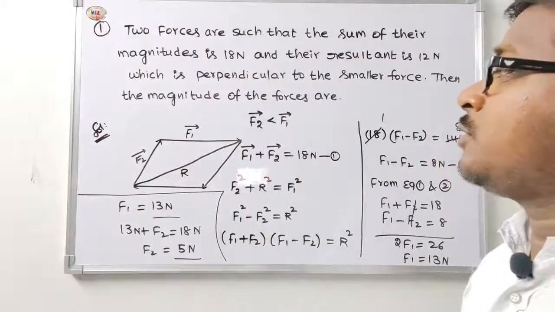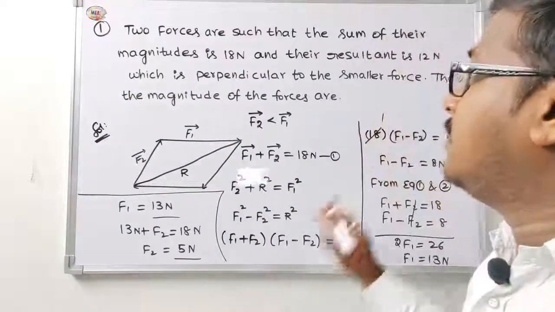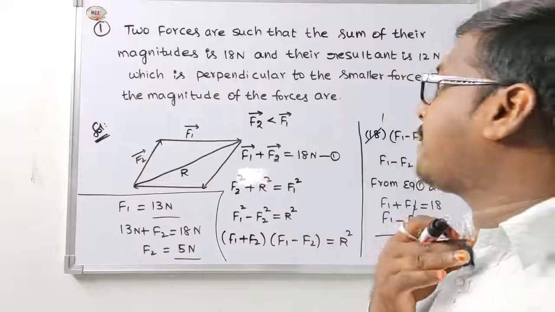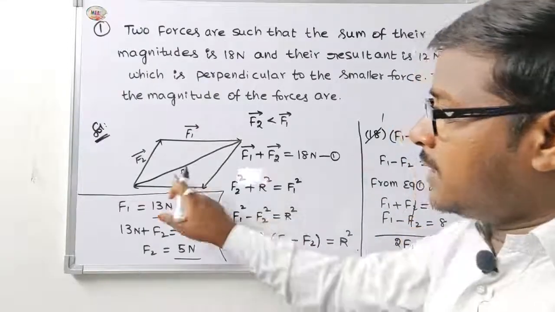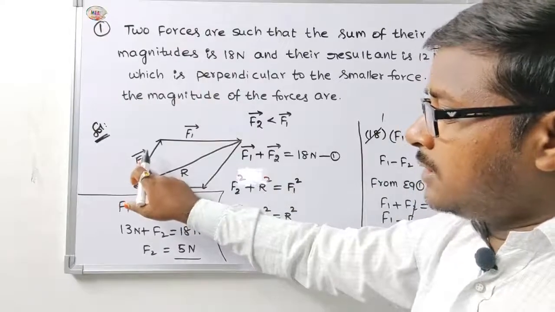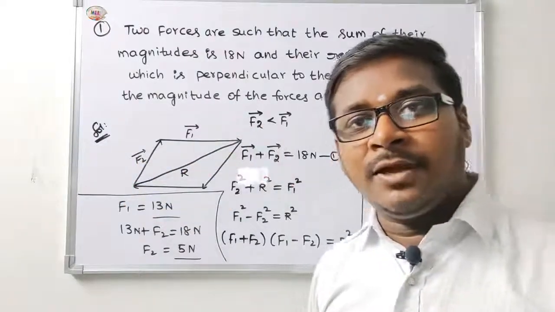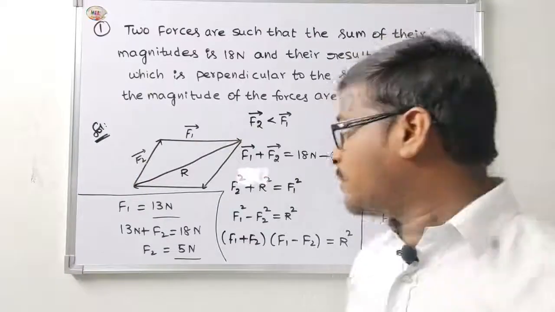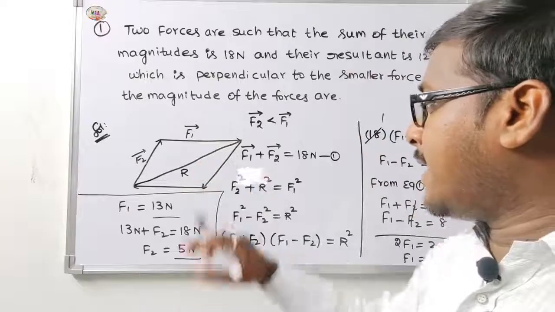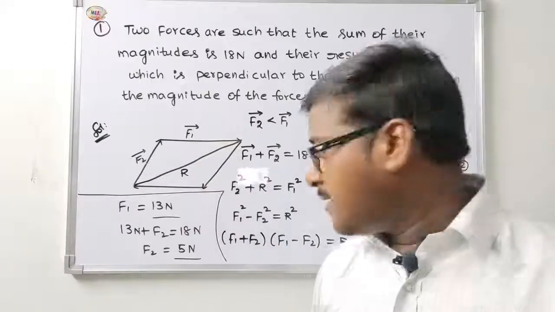The sum of the magnitudes of two forces is equal to 18 Newton, and the resultant is perpendicular to the smaller force. That means F2 is less than F1. In the right angle triangle, F2 square plus R square is equal to F1 square.